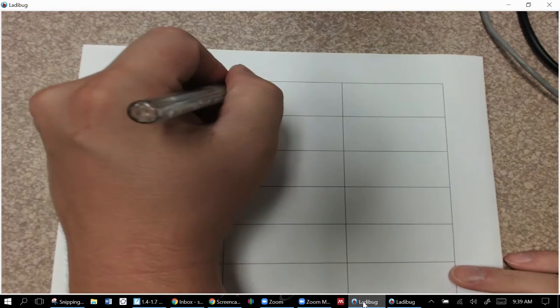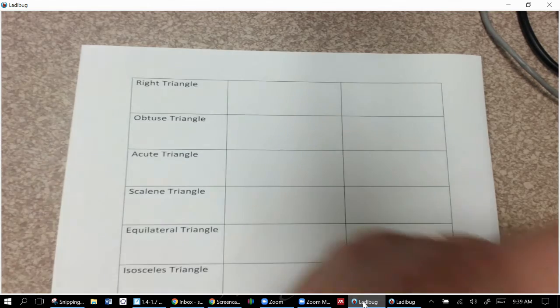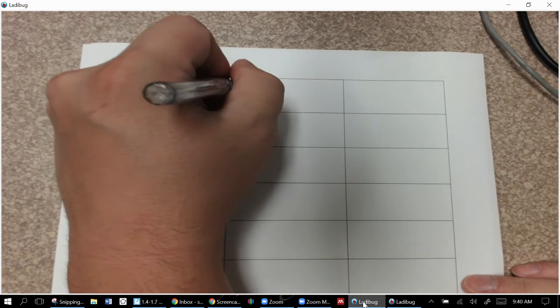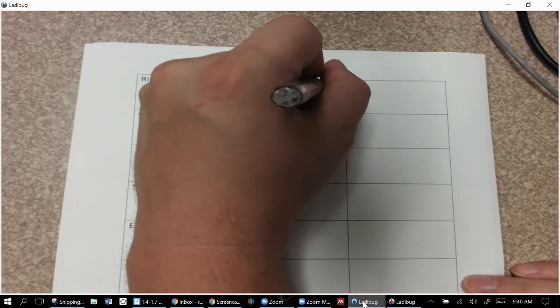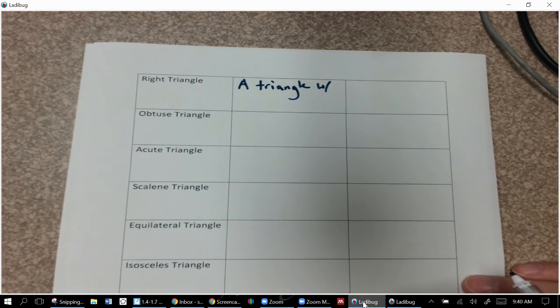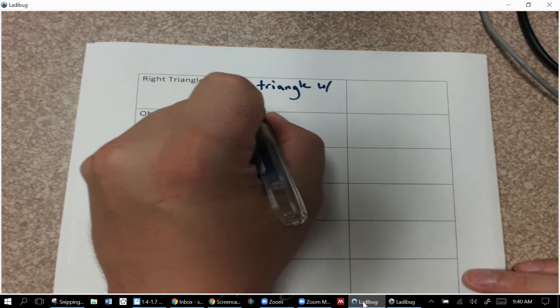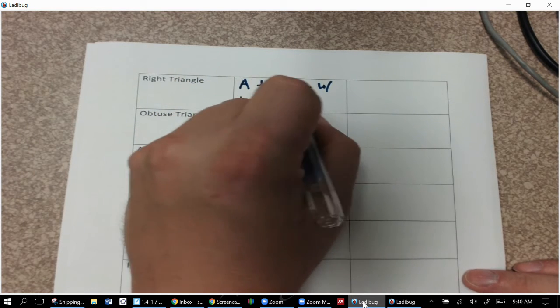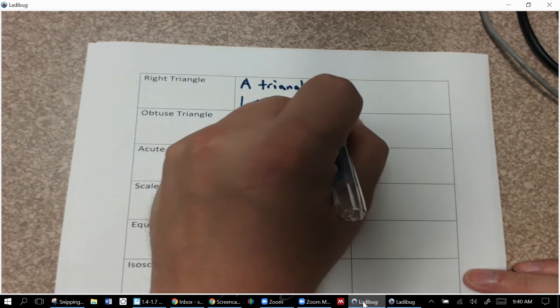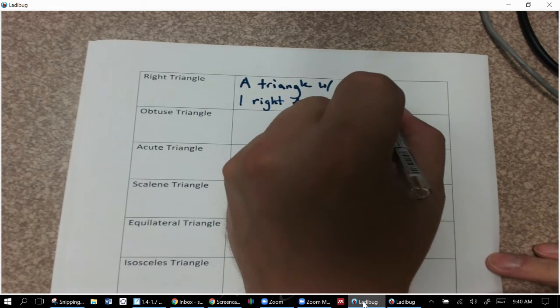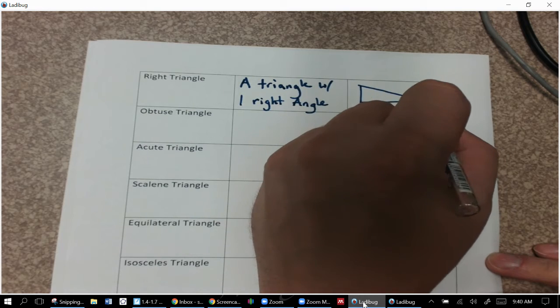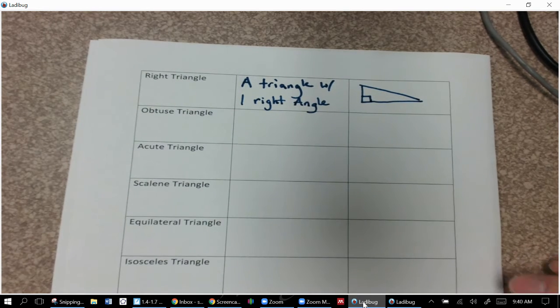A right triangle is a triangle with one right angle. Then in your glossary or on this page, I want you to make a picture of what that would look like. The thing we really need to have is that right angle symbol there. To know it's a right triangle, we need that right angle symbol.